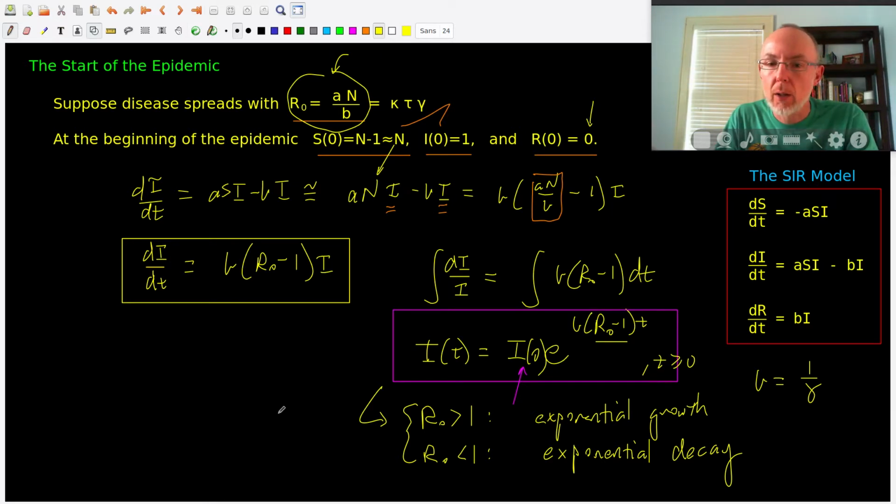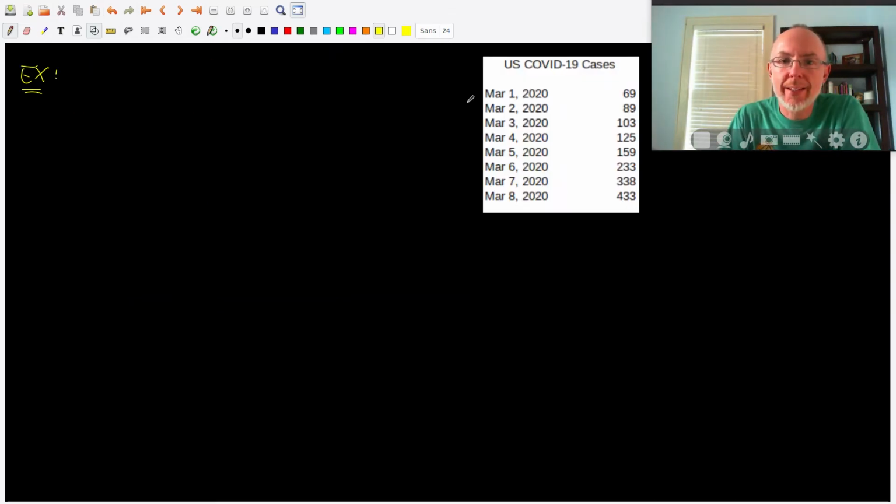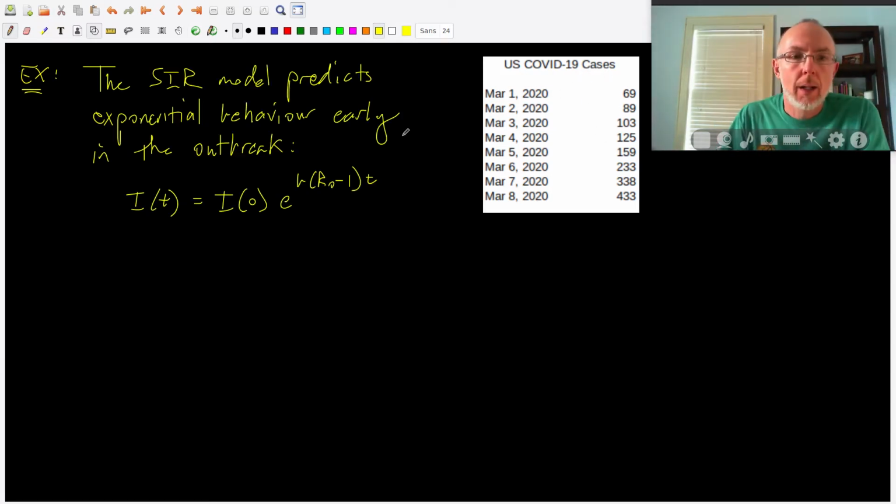The answer is we get exponential growth if R naught is bigger than 1. So we see here a count of the number of confirmed, so tested, COVID-19 cases in the US in early March. And we know from our model that we would expect exponential growth in this early period. So let's do a simple calculation here. You know, I could take this data and try and fit an exponential to it.